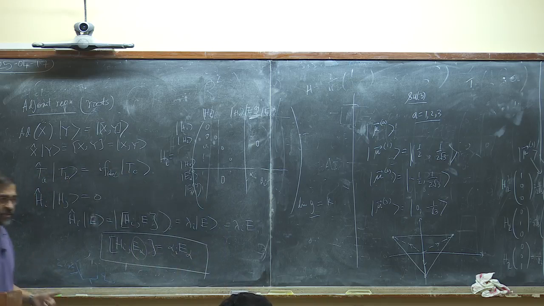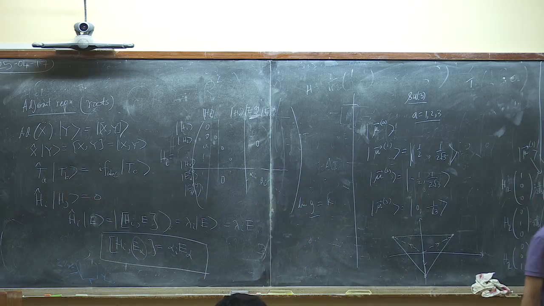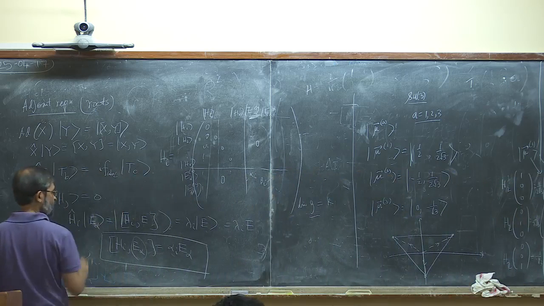I'm using this theorem of simultaneous diagonalizability of commuting operators, but in this adjoint representation it means something different.